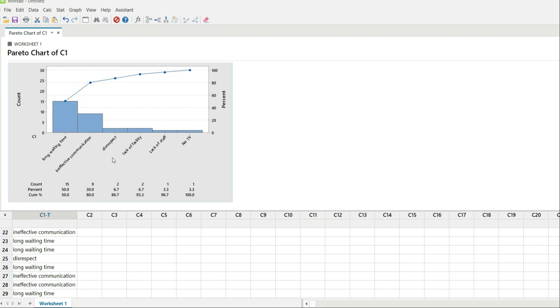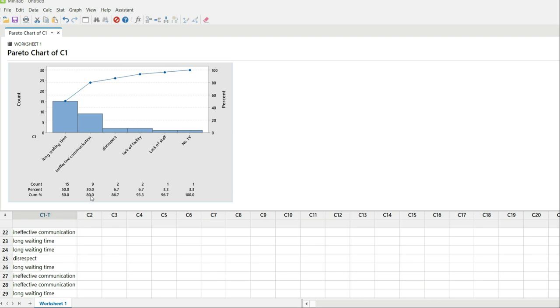As per the Pareto principle, after calculating the cumulative percentage, just choose up to 80%. Here, only from the first factor we got 50%. But if you include ineffective communication, how much is the total percentage? I mean together.